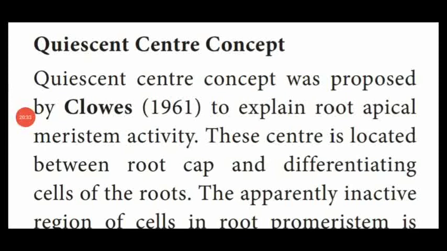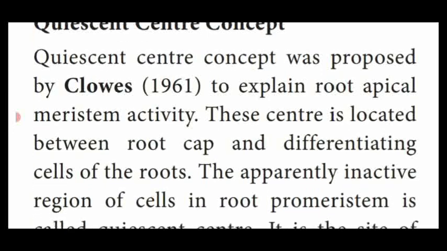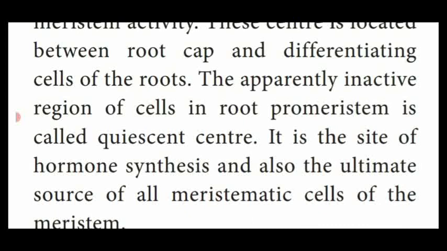Next one, the quiescent center concept, proposed by Clowes in the year 1961. This center is located between the root cap and the differentiating cells of the root. The apparently inactive region of cells in the root apical meristem is called a quiescent center.